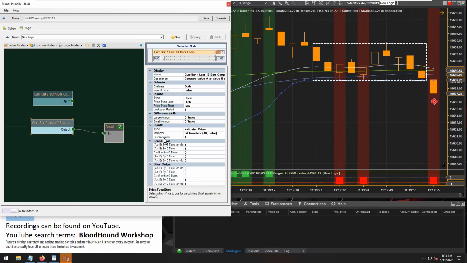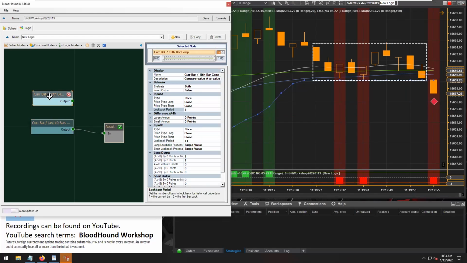So the key here is to remember that for input B, you need to have a displacement of 1 so that you're not including the current bar in your look back. Okay, so that is 2 of Dean's questions here.